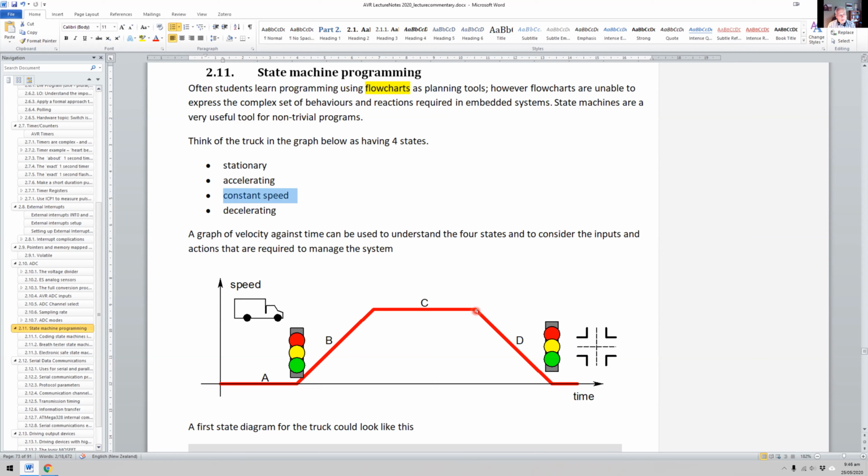And then as we get along the road, the truck will detect that there's a red light or an orange light come up, and then it will start decelerating and come to a stop. Okay, so it's decelerating. And of course, when it's stopped, it's back in the stationary state A again. So these are the 4 states of our truck at the moment.